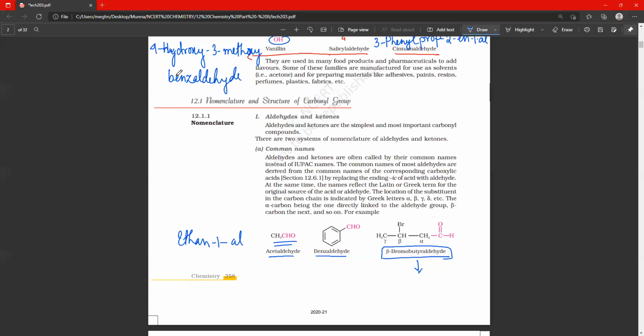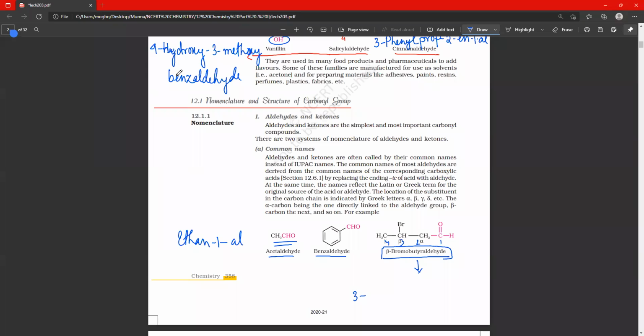Anyone? Okay. Ankita has written already. Ankita, there's a small mistake. Rupam also. See, you are all writing. This is the numbering 1, 2, 3, 4.